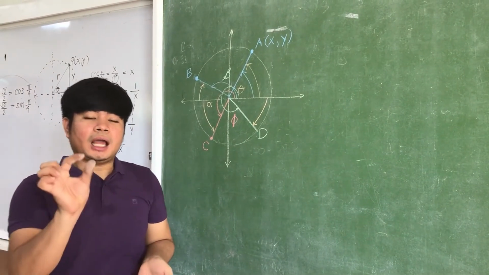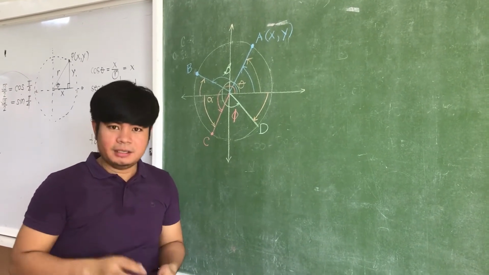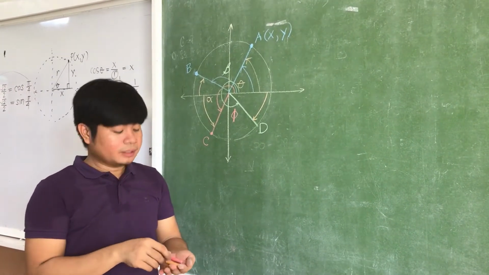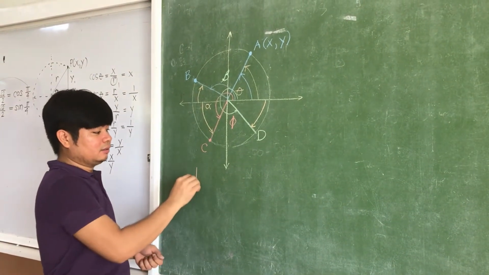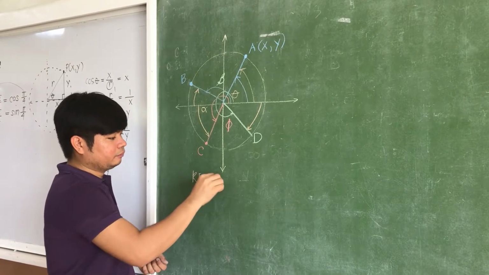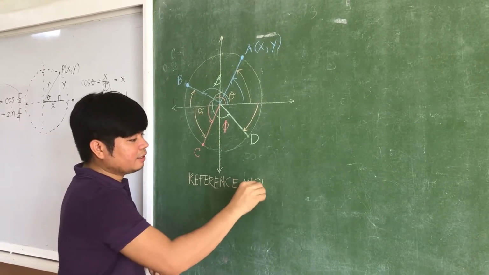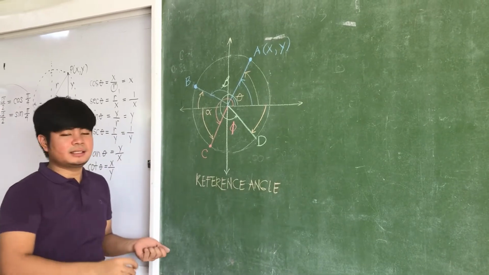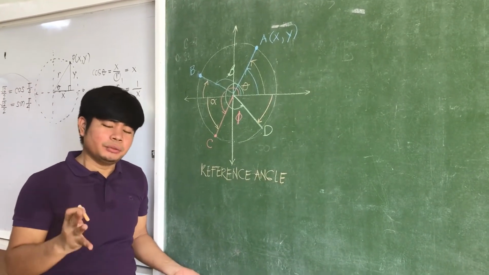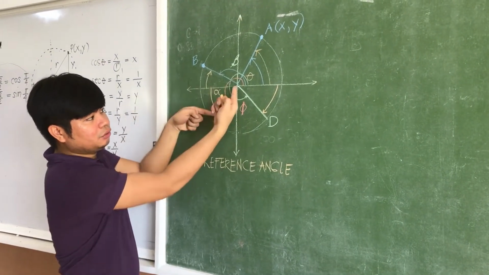That angle formed from the x-axis to the terminal side is what we call the reference angle. The reference angle is a positive acute angle formed from the x-axis to the terminal side.